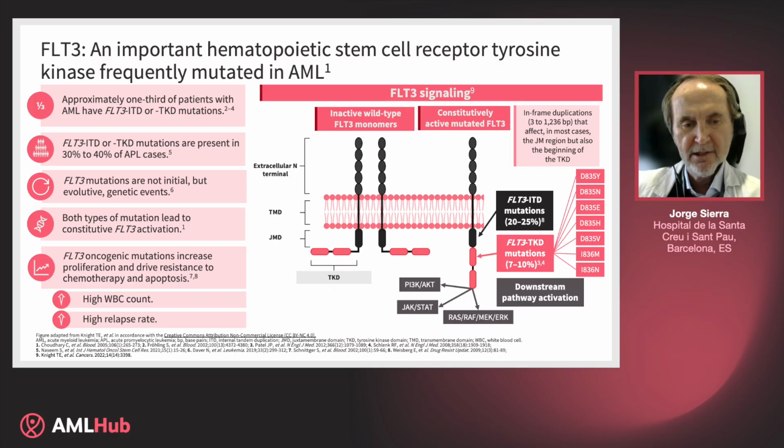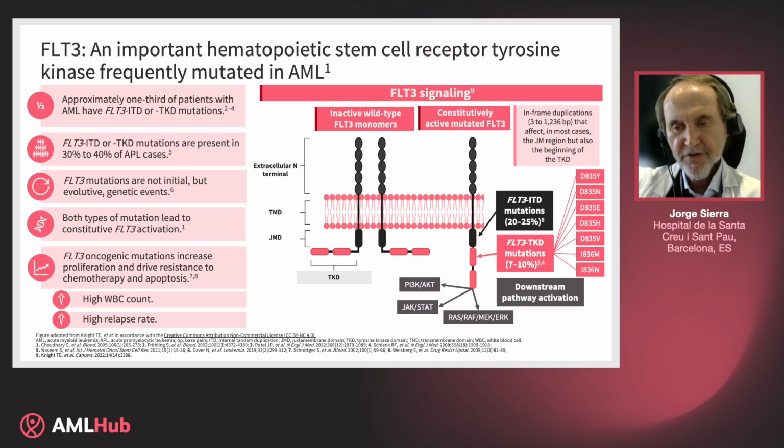And both types, ITD and TKD, lead to constitutive activation and downstream signaling in different pathways, such as PI3K, AKT, JAK-STAT, RAS-RAF, and others. And FLT3 mutations led to this proliferation and are usually associated with high blood cell counts and high relapse rate.